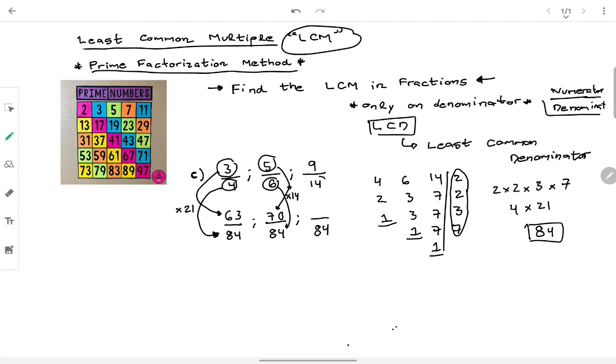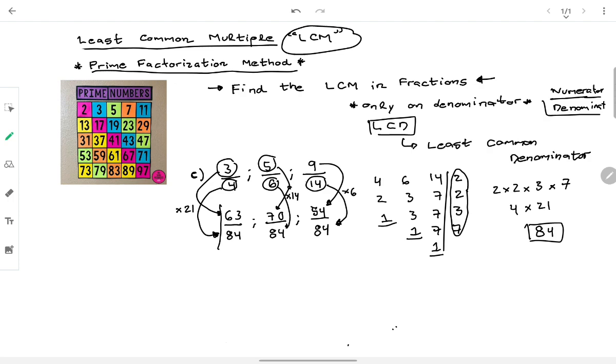And let's see the last one, 14 to get 84. We get multiplied by 6. So we need to multiply also number 9 by 6, and we will get 54 over 84.